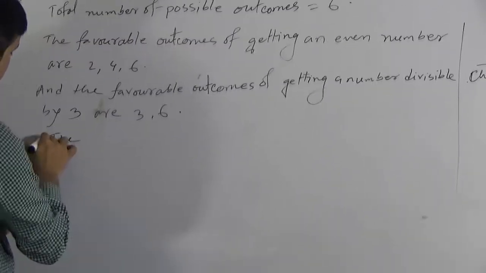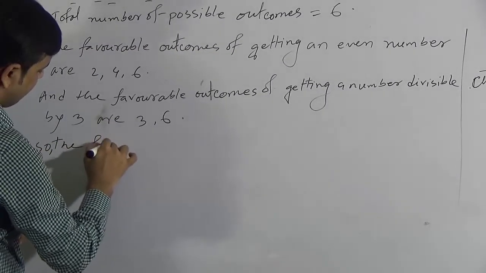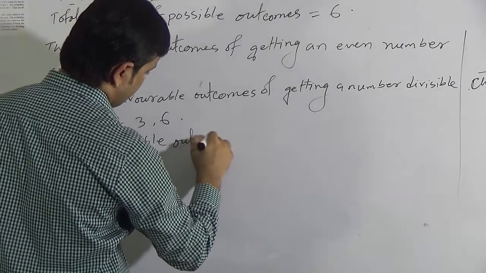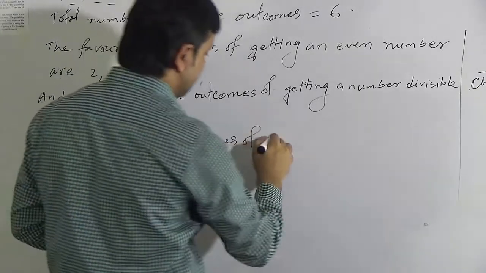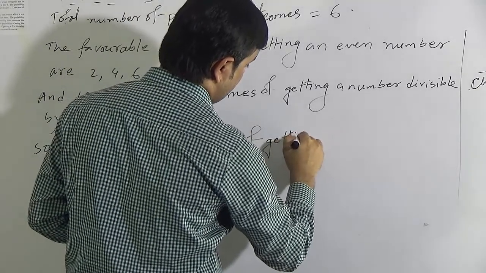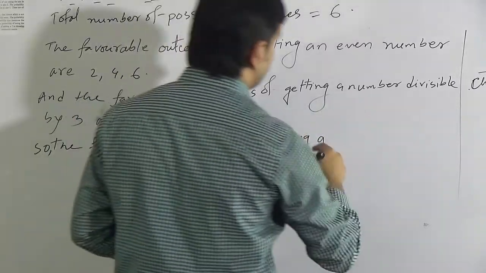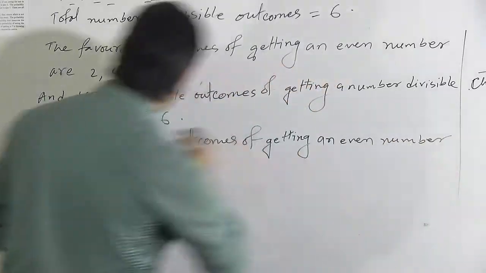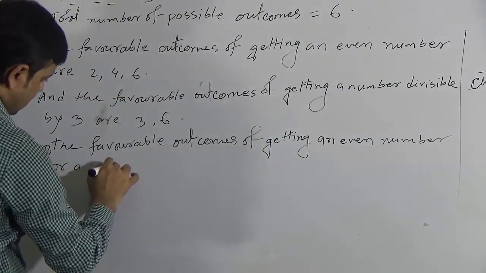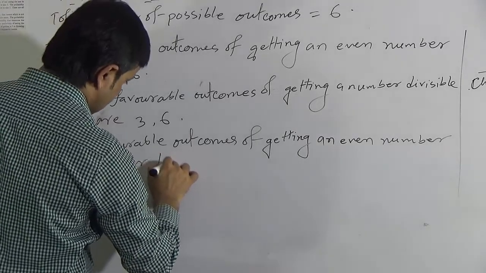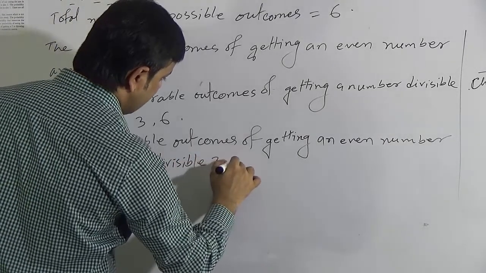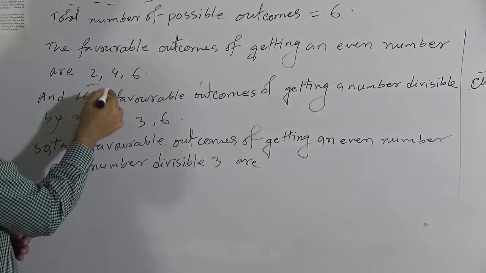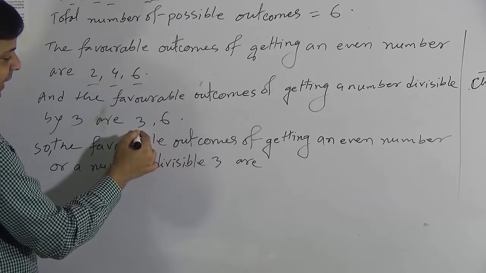The favorable outcomes of getting an even number or a number divisible by 3 are: we will get even 2, 4, 6, and if we get divisible by 3, then 3, 6.